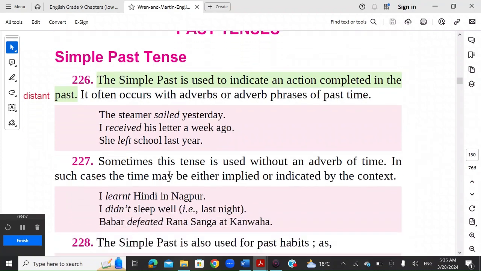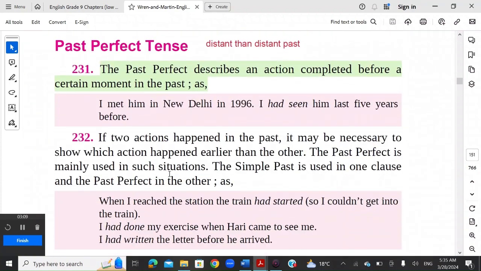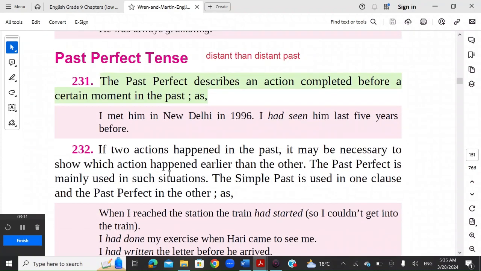Now moving towards the third concept, that is past perfect tense. So what is past perfect tense? Past perfect tense describes an action completed before a certain moment in the past. It's basically the more distant past, यानी ये जो past simple से भी पीछे का past है, उसके लिए जब हमने बात करनी होती है तो we use past perfect tense.